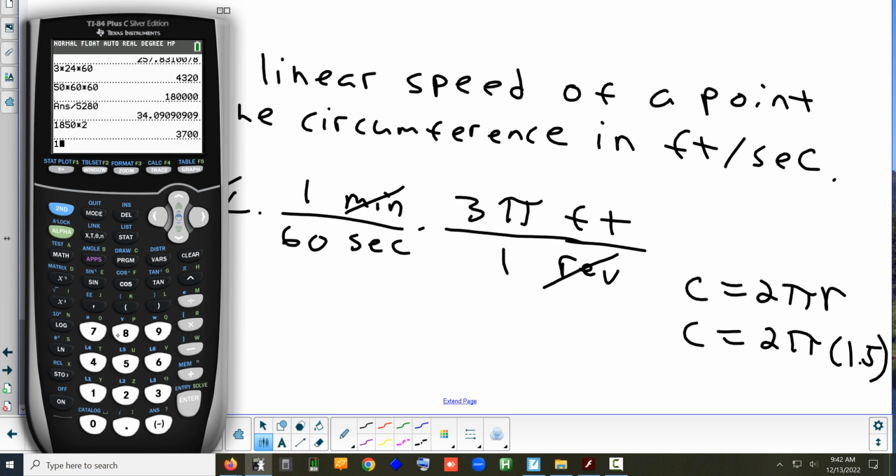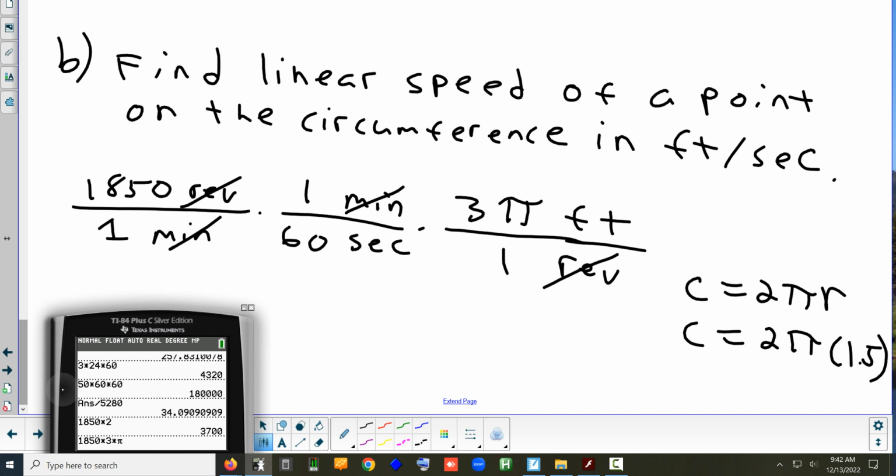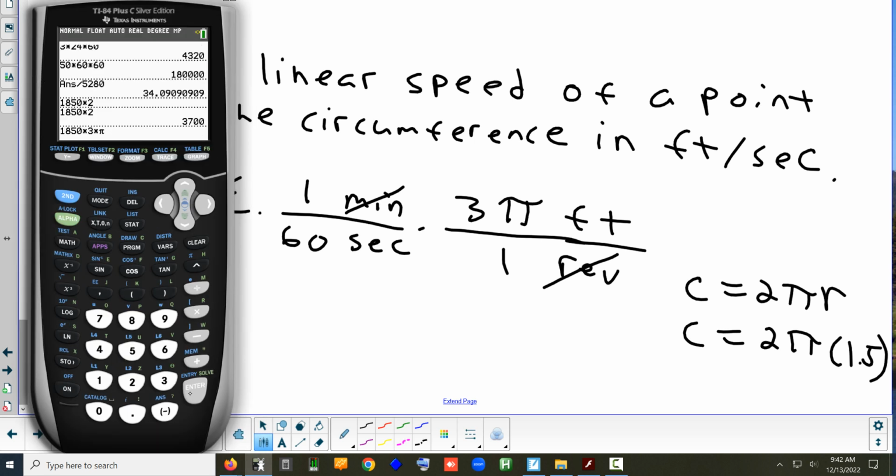Let's see, 1850 times 3 times pi, and then divide by 60. So if this tire was spinning at 1,850 RPMs, fell off the machine, hit the ground, didn't fall over, just hit the ground and took off straight, it would be traveling at 290.6 feet per second.